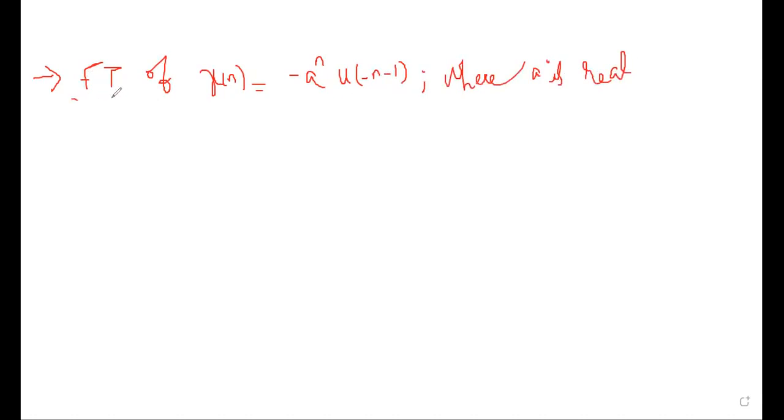Find a Fourier transform of x of n. Tell me, Fourier transform means which Fourier transform is it? Is it CTFT or DTFT? DTFT. Yes, ma'am.